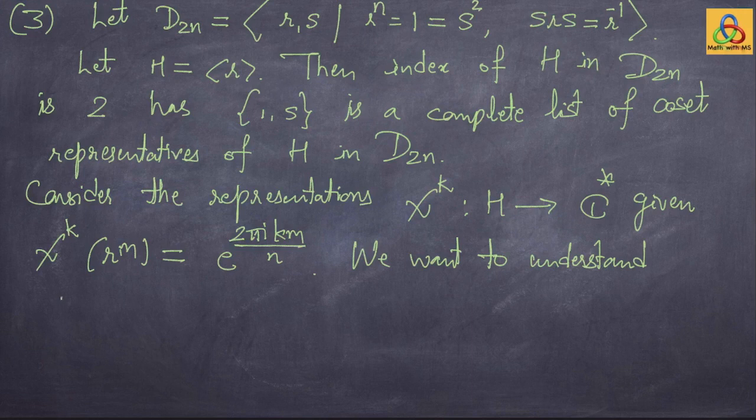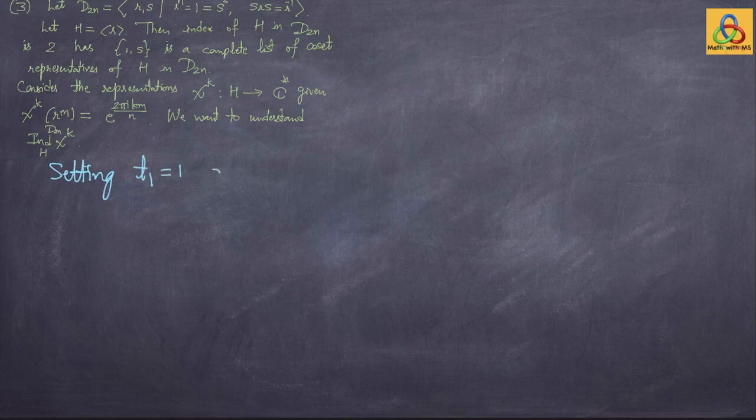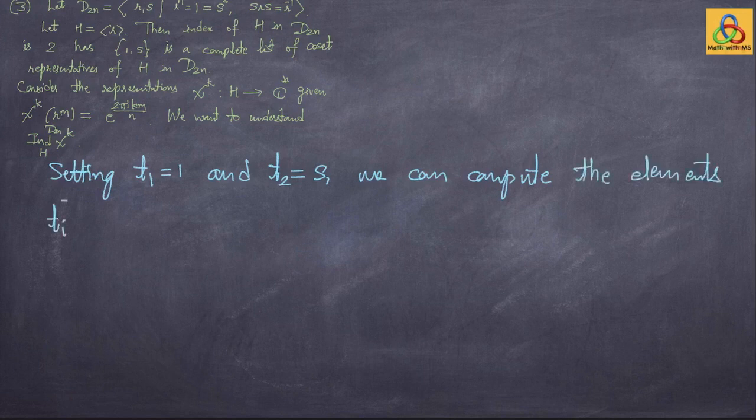We want to understand induced representations of these chi k's from the subgroup H to the dihedral group D2n. Setting T1 equals 1 and T2 equals S, we can compute the elements Ti inverse G Tj for all G in the dihedral group D2n.